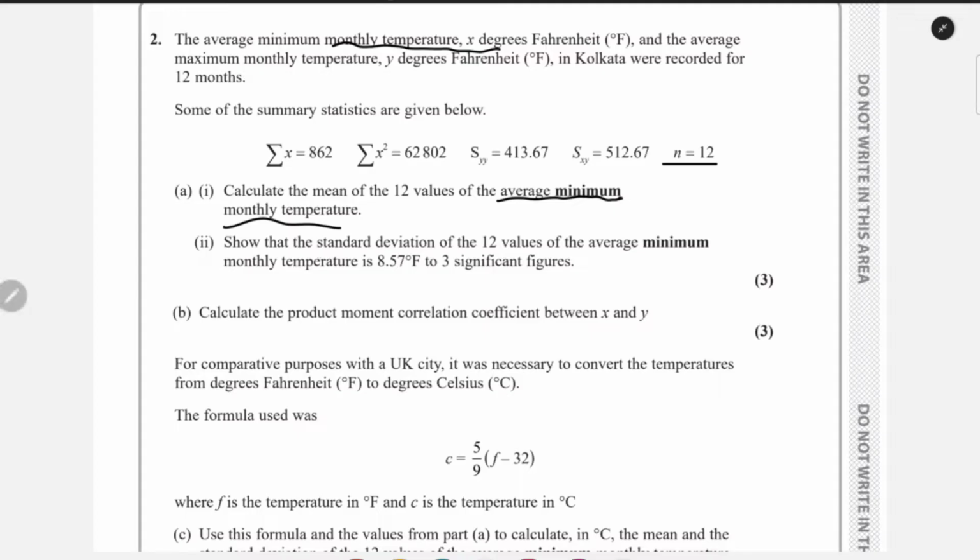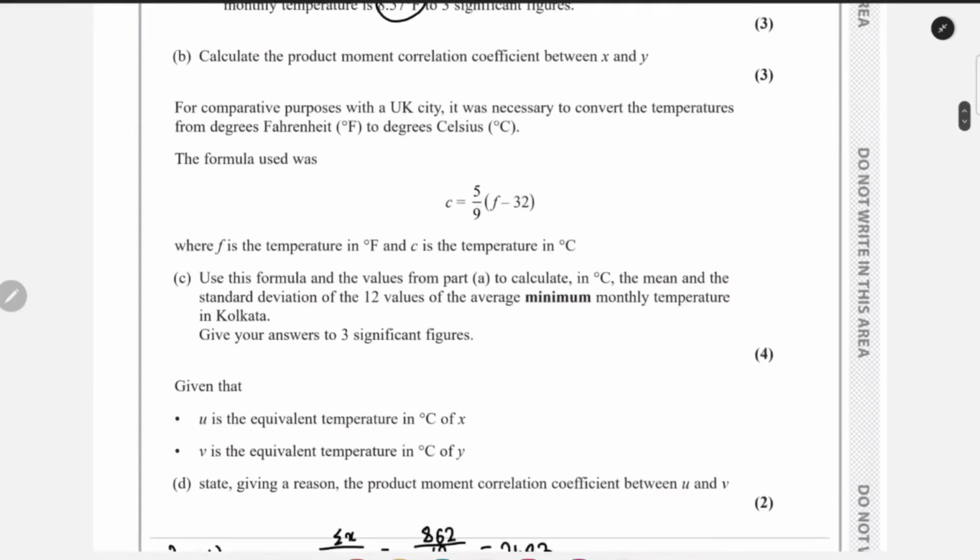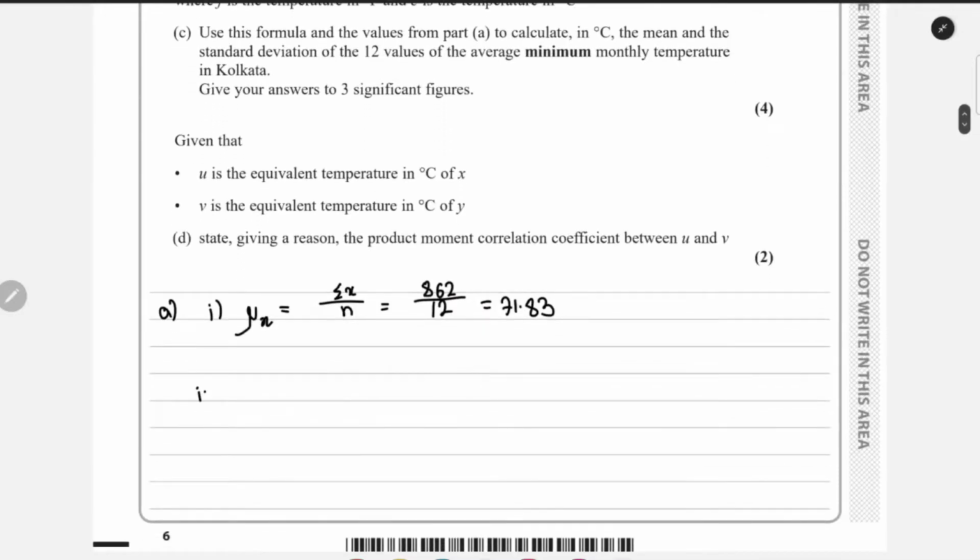Now we have to find the standard deviation of the 12 values. We have to show that it is 8.57, makes our work easier. So standard deviation of x will be root over summation of x square by n minus mean of x whole square.